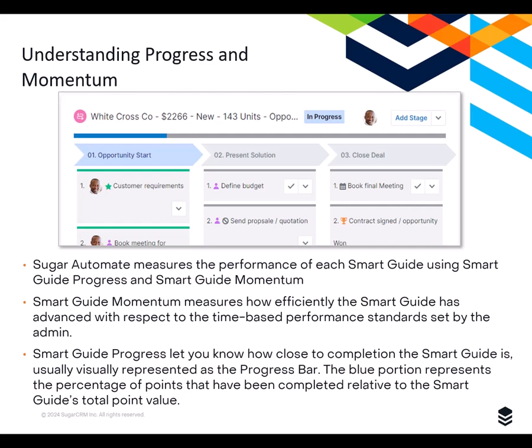The blue bar represents the percentage of points that you have completed relative to the smart guide's total point value. So if you did a portion of an activity, it will show that portion in that progress bar.